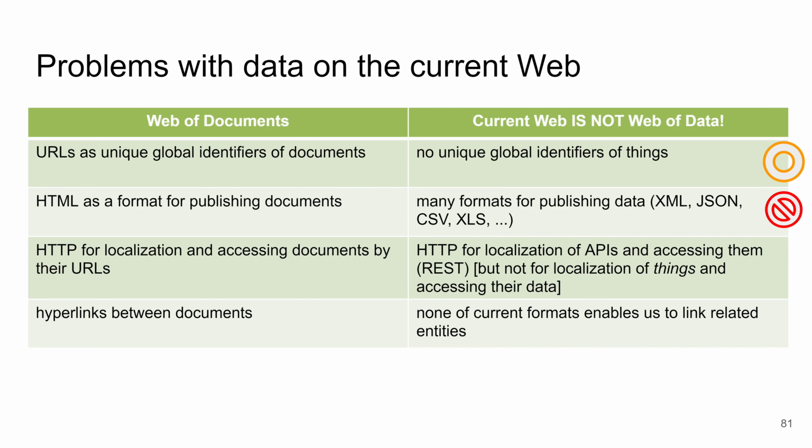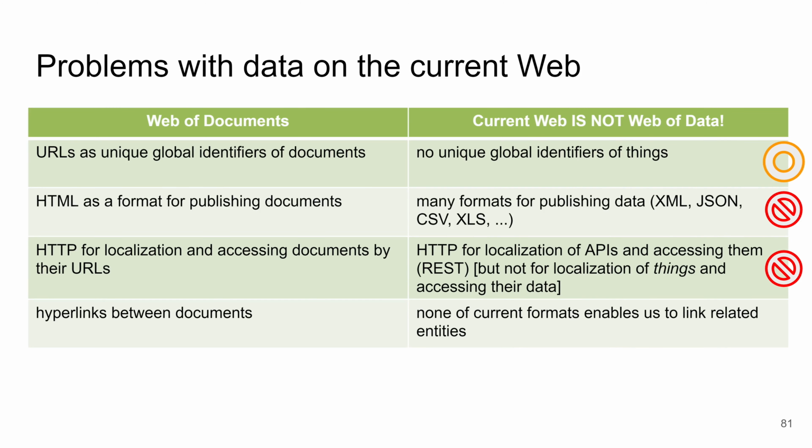On the web of documents, there was HTML as a single format for publishing documents. However, with the current state of the web, there are many formats for publishing data: XML, JSON, CSV, Excel files, and so on. In addition, on the web of documents, HTTP was used for localization and accessing documents using the URLs.